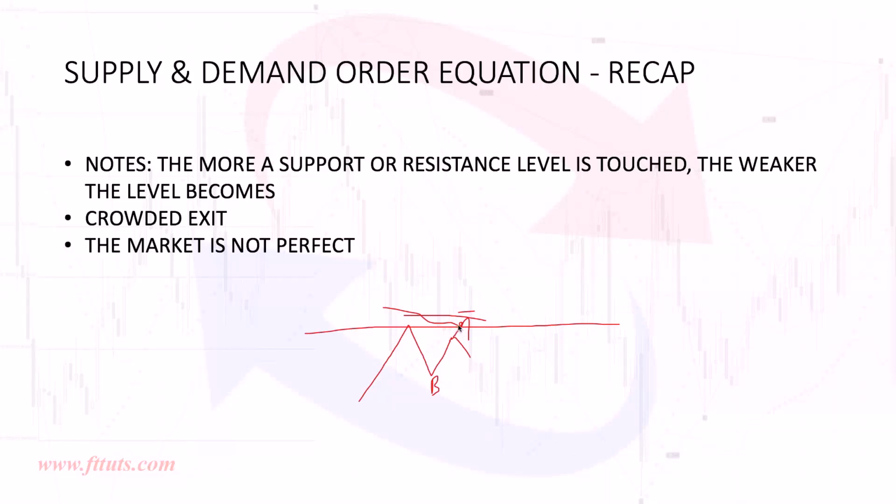And I guess the more experience you get as a trader, you will start to see where crowded exits happen, and what ends up happening is you tend to get diagonal support and resistance from traders taking profit potentially early. I wouldn't say necessarily a trend line.